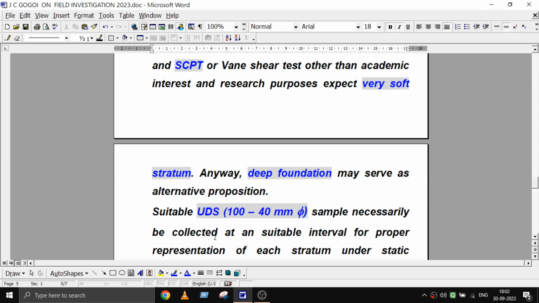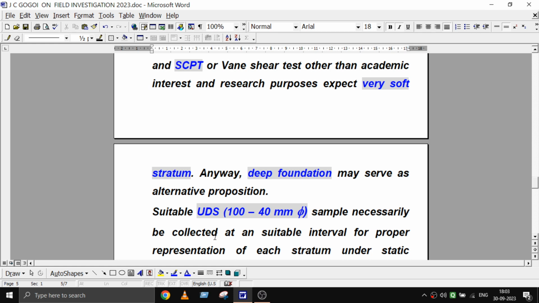Now you see, at site we have to collect the undisturbed soil samples. There are different sizes of undisturbed samplers. One size is 100 diameter, another is 75, another is 50, and the minimum size is 40.